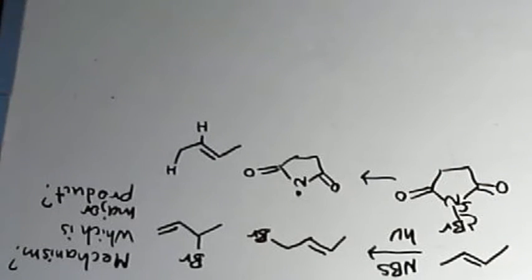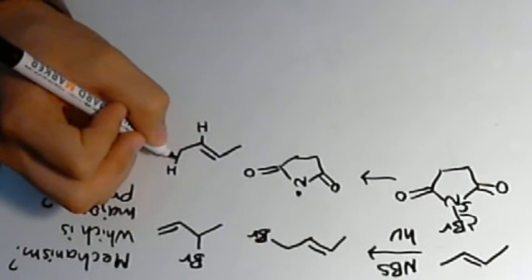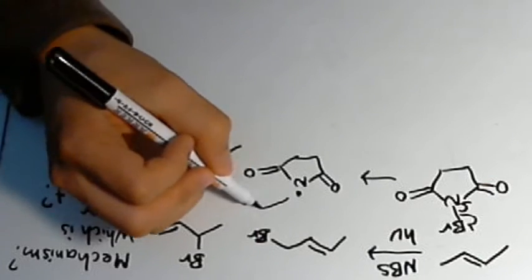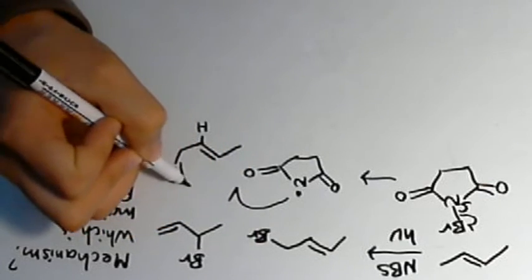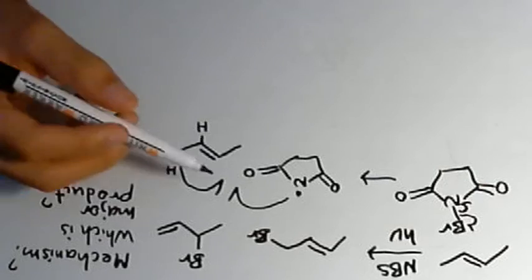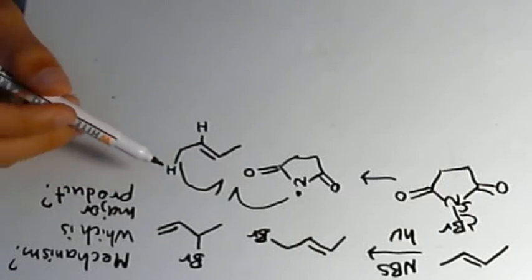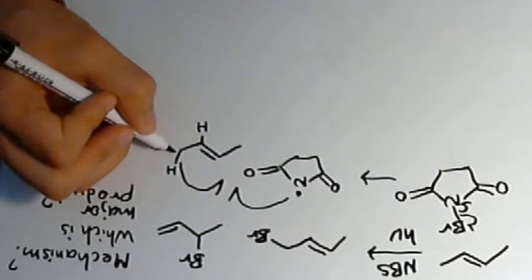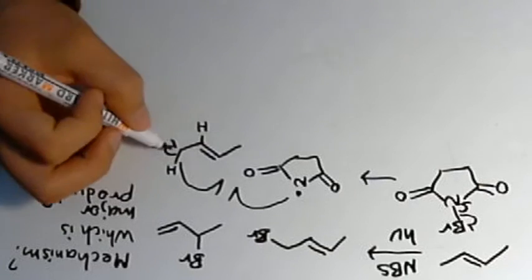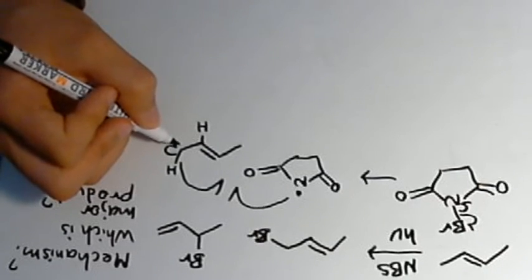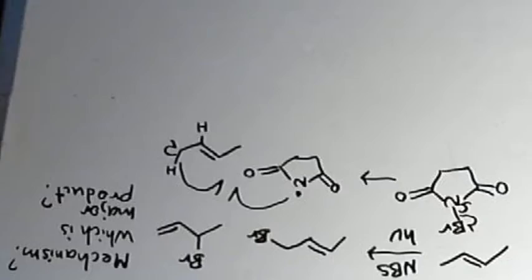So let's abstract this hydrogen and see what intermediate we get. So these fishhook arrows mean that only one electron is transferred. And this electron is placed back onto the alkene, right?